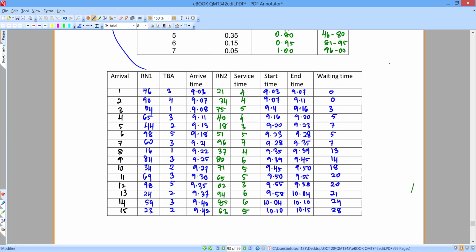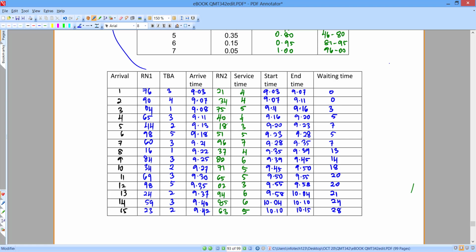So at 9:08 a.m. the third student arrives, and then he or she will start after the second student has finished, that is 9:11. The time in between, we call it waiting time. From 9:08 to 9:11, he or she needs to wait. That is waiting time.